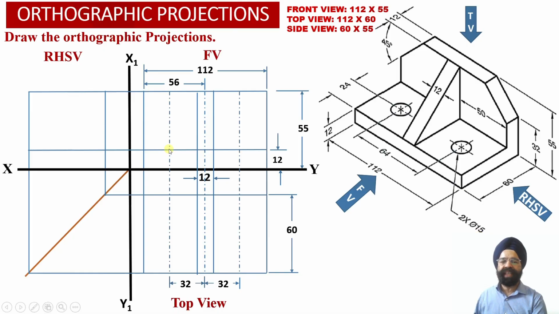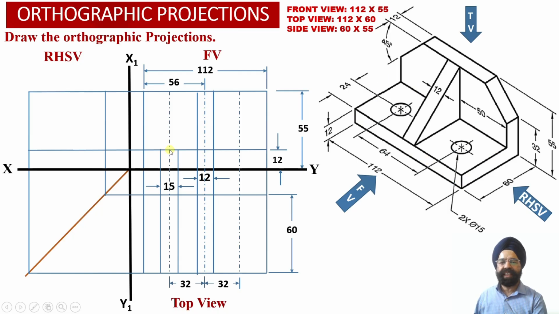So from this center line and from this center line, now we have to take a 7.5 millimeter offset onto the left hand side portion, and another 7.5 millimeter offset towards the right hand side face of the solid, so that we can obtain the projections corresponding to these two circular holes which are obtained into the horizontal web which is lying onto the base of this particular solid over here.